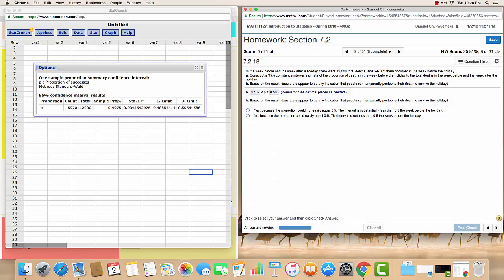Based on the results, does there appear to be any indication that people can temporarily postpone their death to survive the holiday? The answer is no, because the proportion could easily equal 0.5. The interval is not less than 0.5 the week before the holiday.